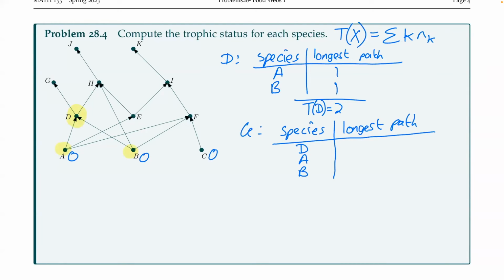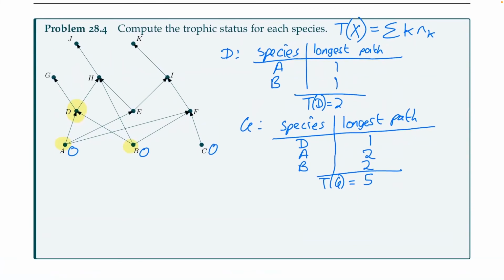Okay. So the longest path here, species D has path length 1. Species A and B, the longest path to G is 2. Okay. Trophic status of species G is just the sum of these things, so it's 5.